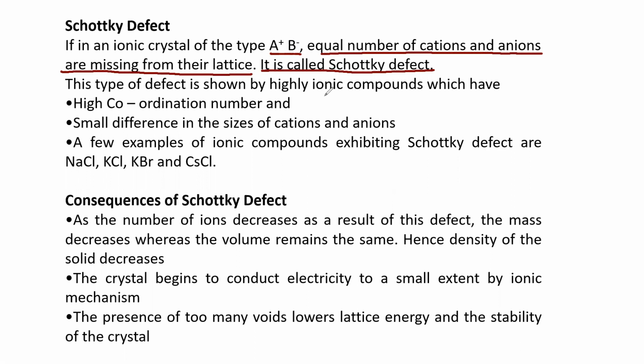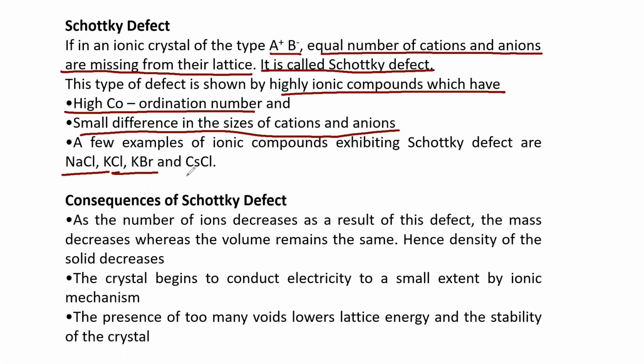This type of defect is shown by highly ionic compounds which have a high coordination number and a small difference in size of cations and anions. Examples: sodium chloride, potassium chloride, potassium bromide, cesium chloride. So cesium chloride also exhibits Schottky defect. Very important here, examples they will also ask in the exam.